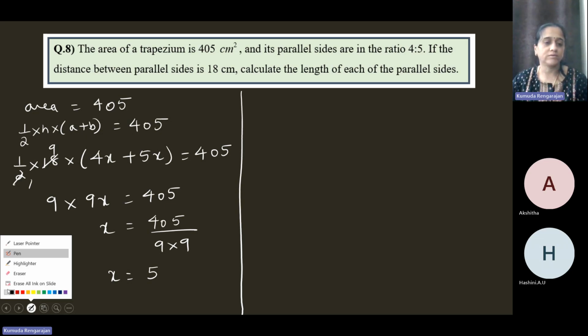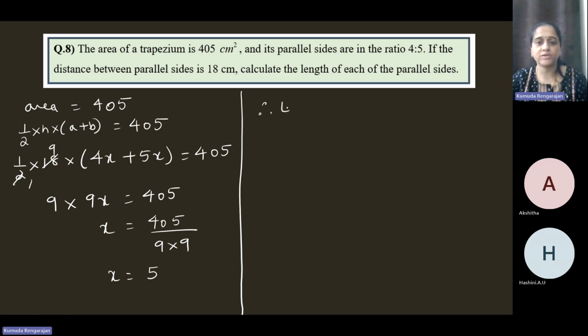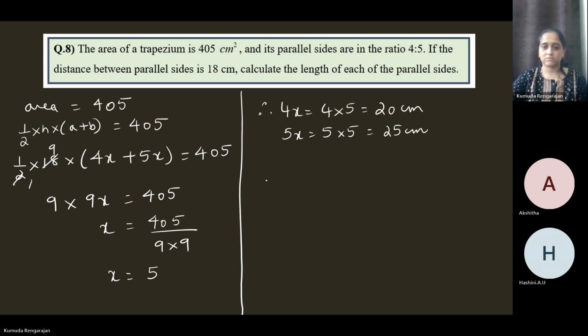x is equal to 5. Therefore, 4x is equal to 4 into 5, 20 centimeters. 5x is equal to 5 into 5, 25 centimeters. So these are the lengths of the parallel sides. The parallel sides are 20 centimeters and 25 centimeters.